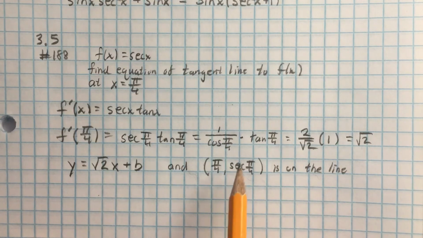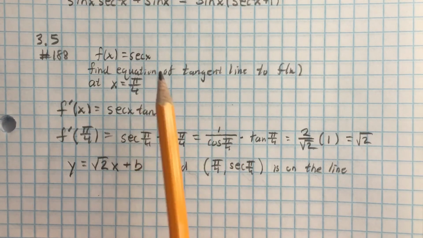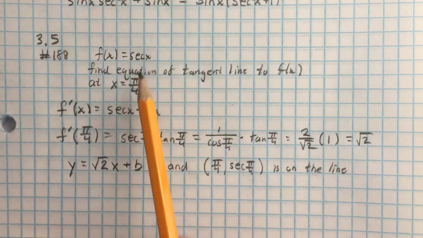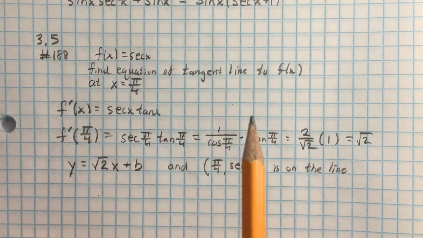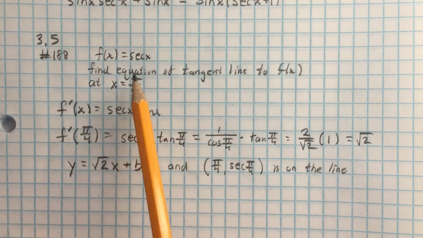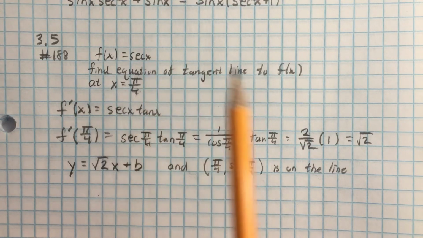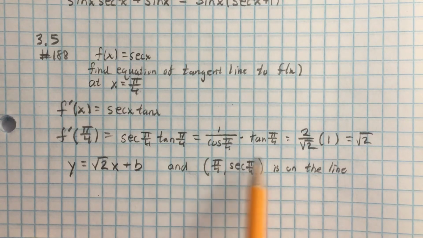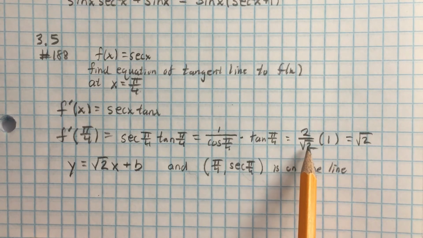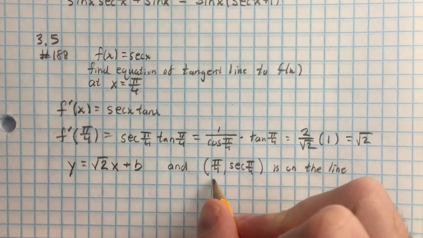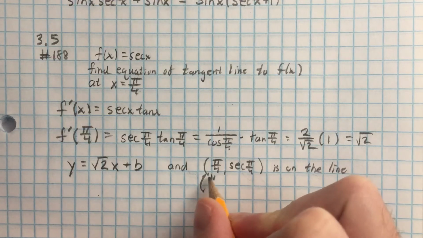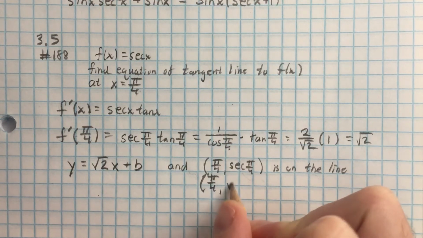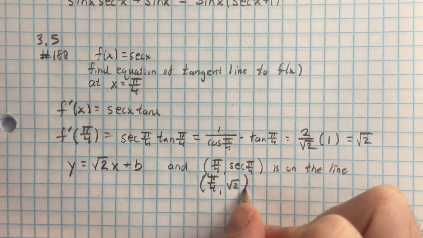Again, because the tangent line and the function share this point of intersection, happening at pi on 4. So it must be the same as pi on 4, secant pi on 4. Secant pi on 4, we just said was 2 on root 2, which was root 2. So this point is really pi on 4, comma, root 2.